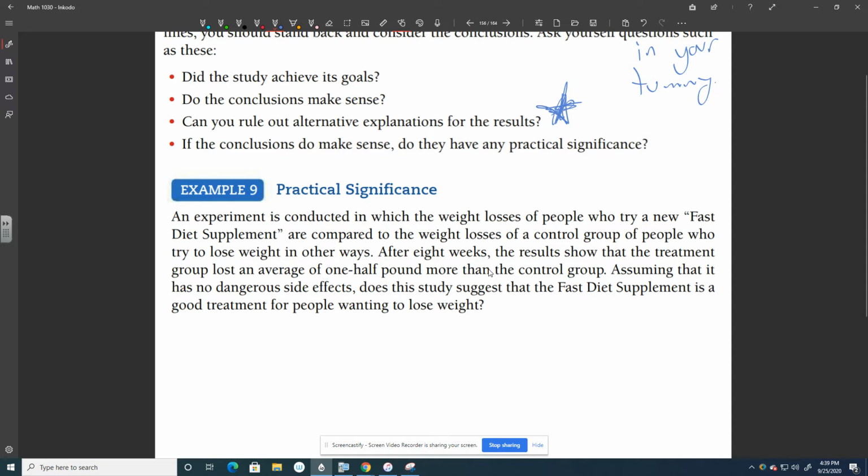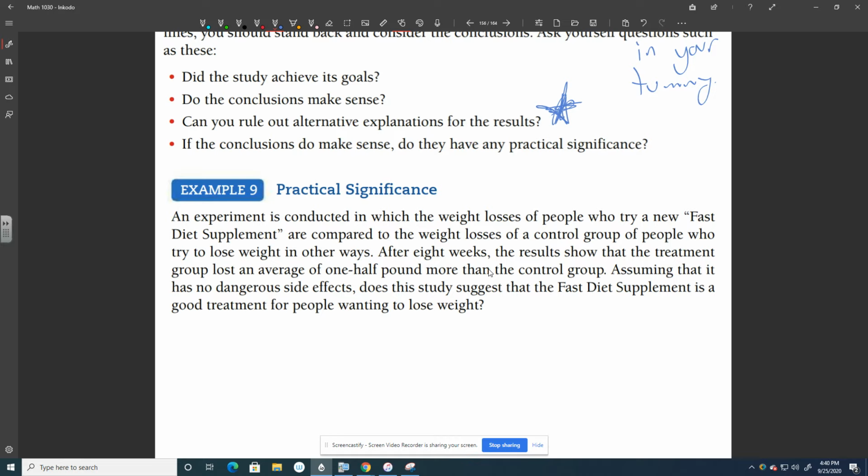Okay, I love this example. It compares a new diet supplement with just some other ways of losing weight. And as far as this study goes, it says that things were done correctly. They had a control group, they had the treatment group. Everything was done up to par.